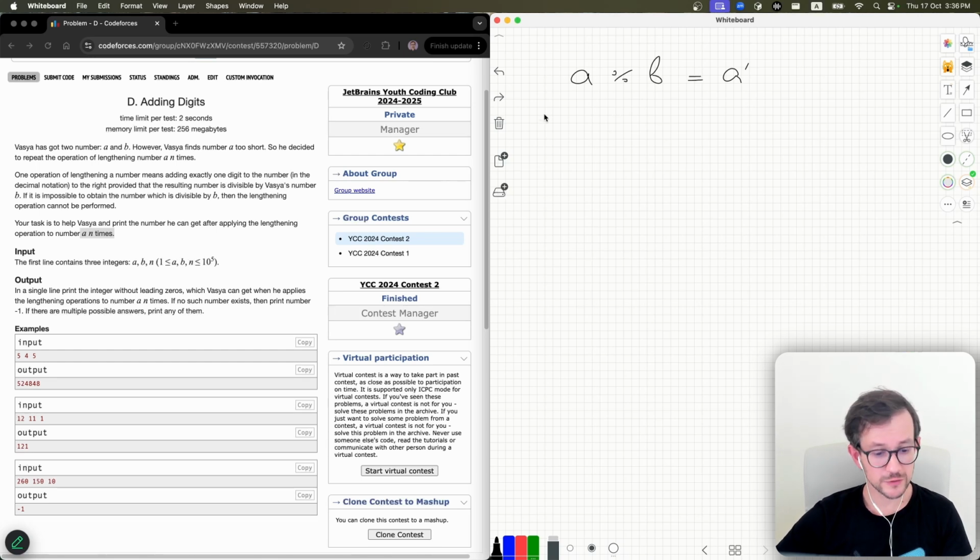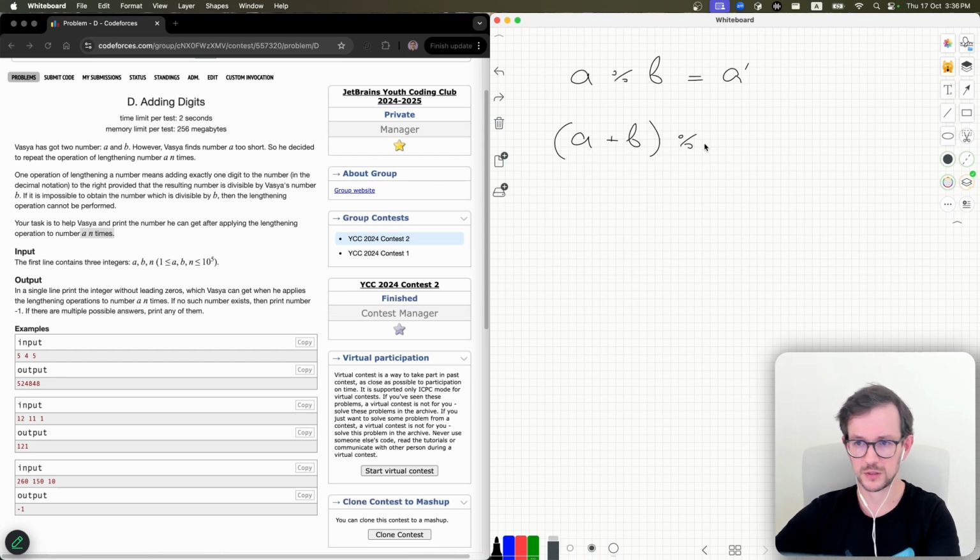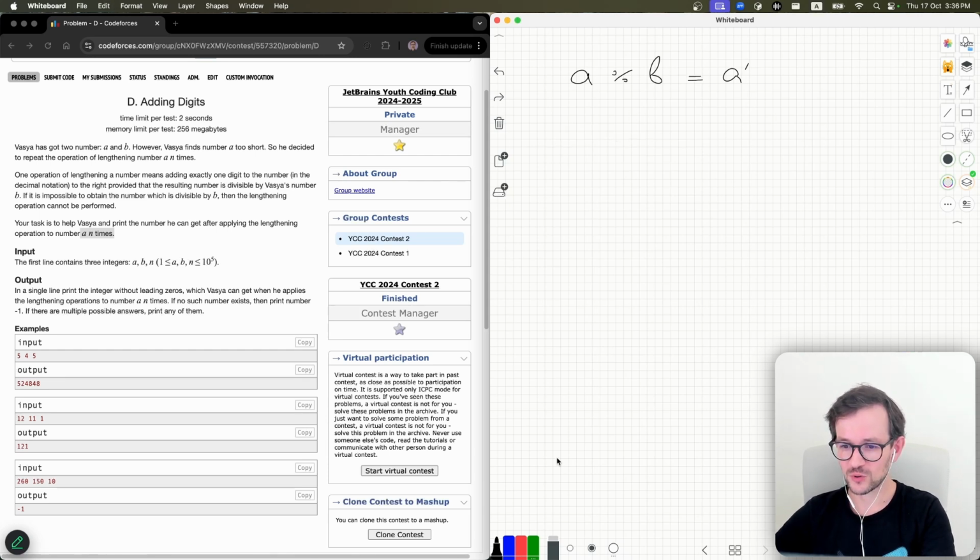Now, what's interesting about remainders is that you can apply normal operations. If you have numbers, let's use other letters, I already use A and B here.